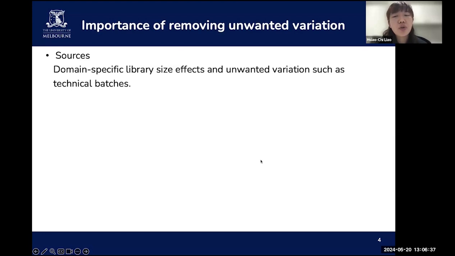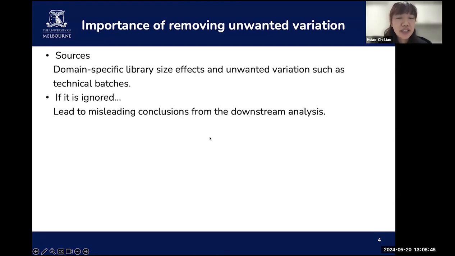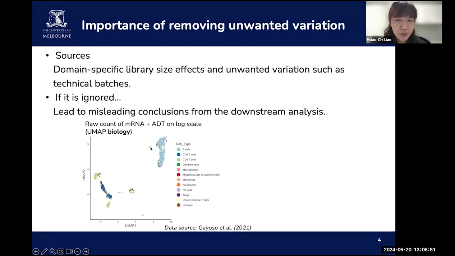The sources of unwanted variation can range from domain-specific library size to other technical variation. If that's ignored, it can lead to misleading conclusions in the downstream analysis. This is an example using the uncorrected data, and we see two CD8 T cell clusters on the UMAP coordinates.